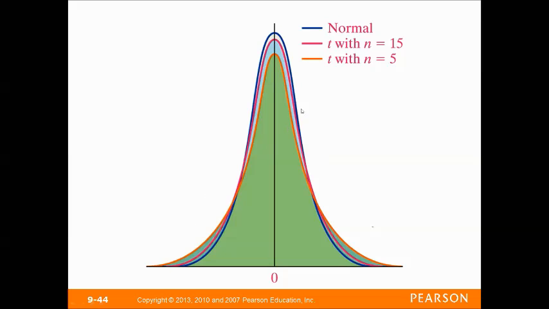So as n increases, the t distribution will get closer and closer to the normal distribution. In general, if we have a sample size greater than 30, we say that the distribution's normal enough that we can use the normal distribution.